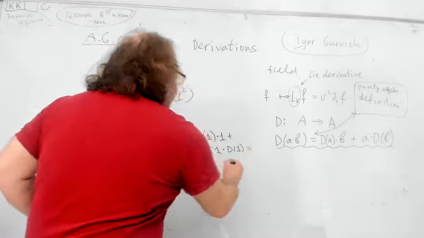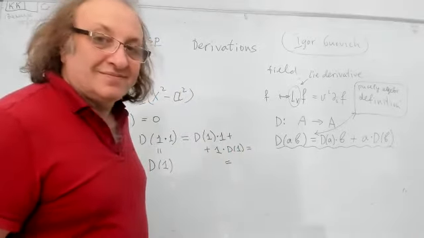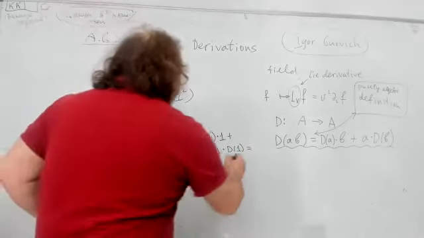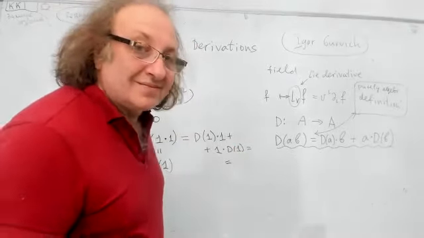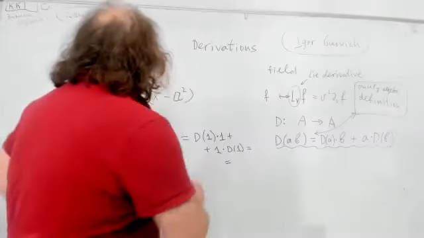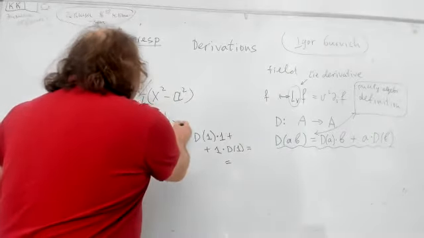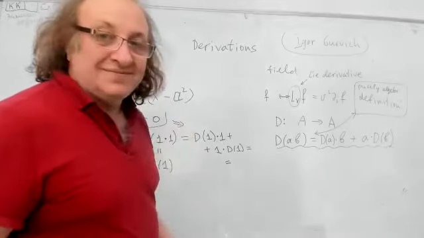It is what? Well, 0 plus 0? No, we don't know that it is 0. That's how I'm going to prove it. It's 2 times D of 1.